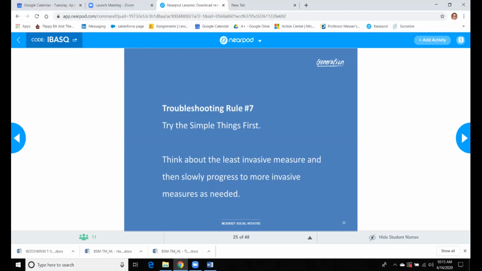So the least invasive measure is obviously going to be the quickest one, and it is one of the troubleshooting ways of doing things. Before you actually stick your hands in, you can always think about it from the outside in, from the user, right? Then you go towards the software, then you go into the hardware. That's the easiest way to remember what they call least invasive in troubleshooting computers.